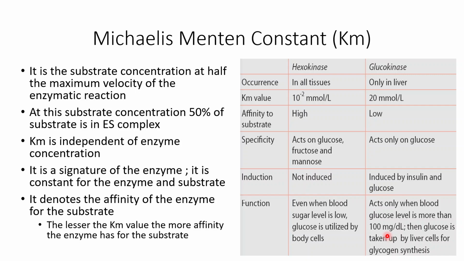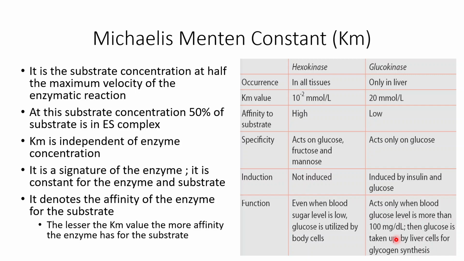Then glucose is taken up by liver cells for glycogen synthesis. So when the body glucose levels are low, hexokinase will act and glucose is utilized. Glucokinase becomes active when the blood glucose concentration is increased. We will discuss this again when we talk about metabolism of glucose.